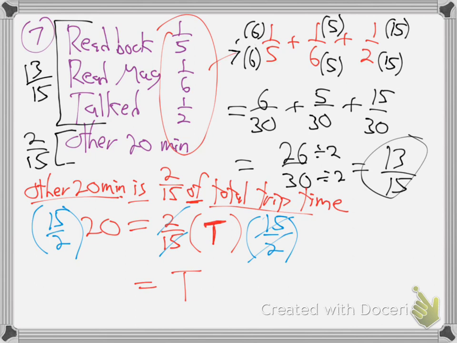What do you do with a fraction interacting with a whole number? You make the whole number look like a fraction, put it over 1. Remember that? And then cross cancel. You can just use your calculator. 2 goes into 20 ten times, 10 times 15, 150.